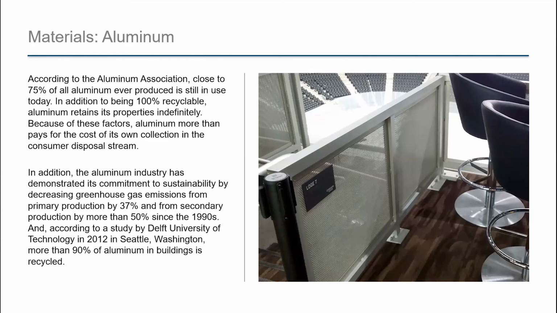In addition, the aluminum industry has demonstrated its commitment to sustainability by decreasing greenhouse gas emissions from primary production by 37% and from secondary production by more than 50% since the 1990s. And according to a study by Delft University of Technology in 2012 in Seattle, Washington, more than 90% of aluminum in buildings is recycled.